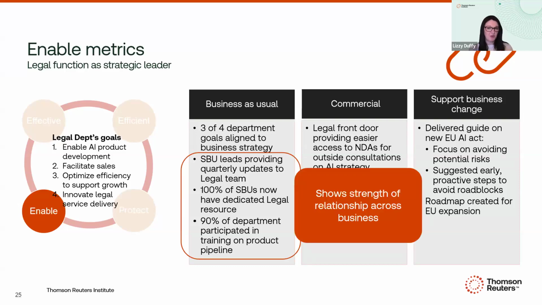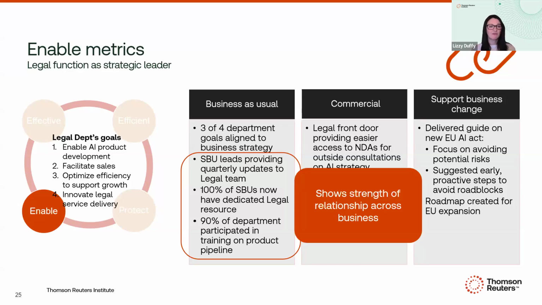So using the data to build the story here. We've got a few data points in that business as usual column that show how we're aligned and connected, and we're building relationships and we're building knowledge across the business and across our legal team. So we're inviting heads of other departments in to give updates to the legal team on a quarterly basis. 100% of those other departments now have a dedicated legal resource, so they know who to go to.